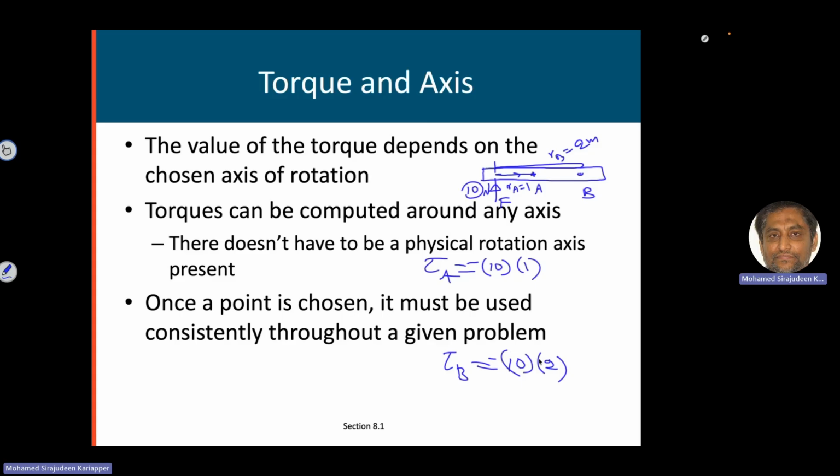The real physical rotation may be about A, but still I can ask you to give me the torque about point B. That point doesn't have to be the actual physical rotation point. It can be any point, okay? It doesn't have to be the physical rotation axis that is present. You can take the torque about any point we want.